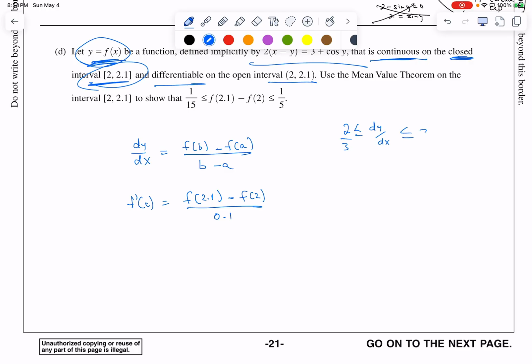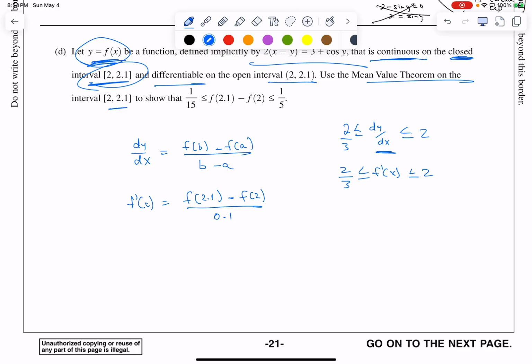All right, because we're going to need that now. So if f prime of x is always between 2/3 and 2, it says use the mean value theorem on the interval from 2 to 2.1 to show that 1/15 has to be less than or equal to f of 2.1 minus f of 2 less than or equal to 1/5.